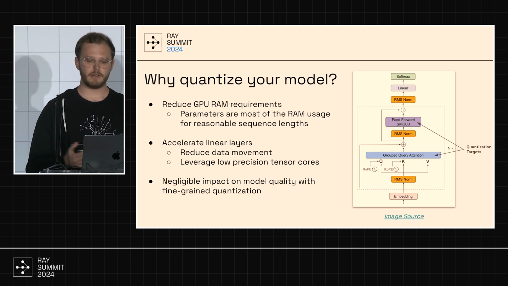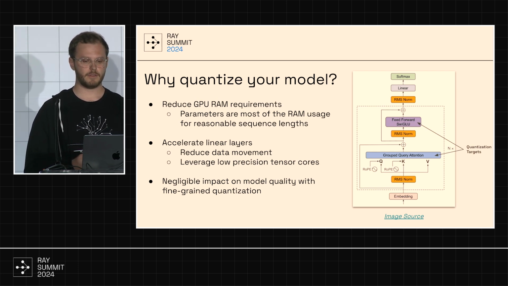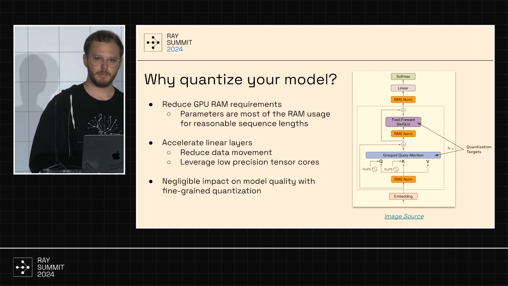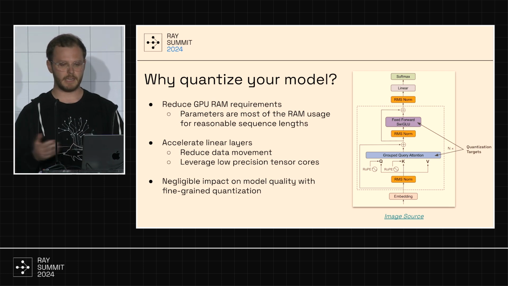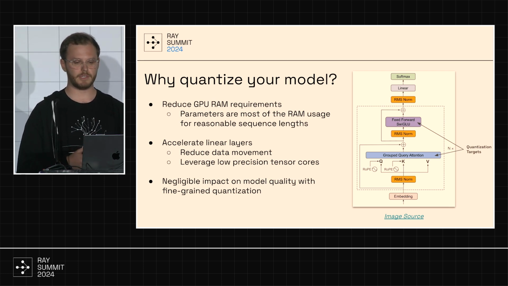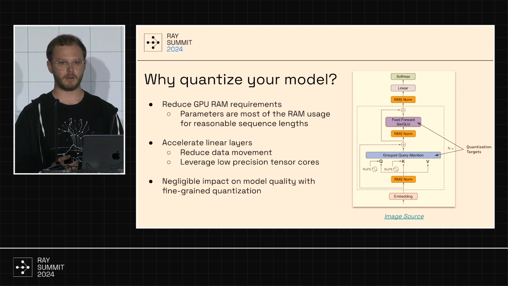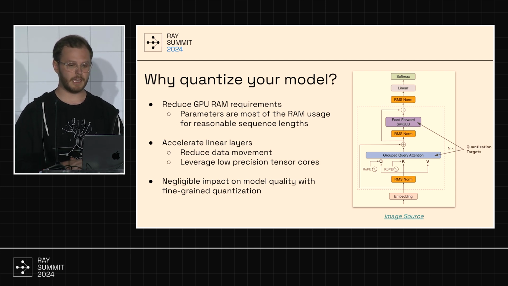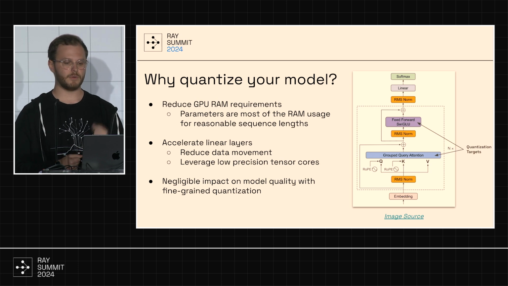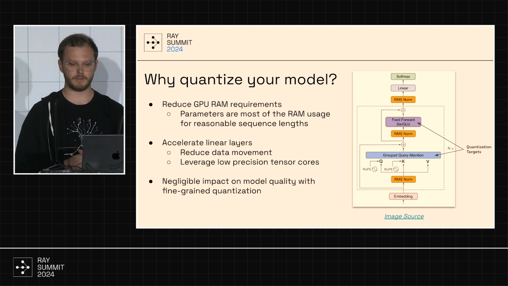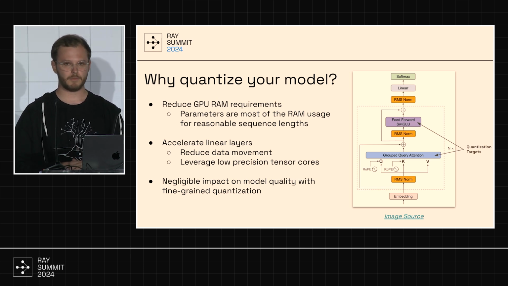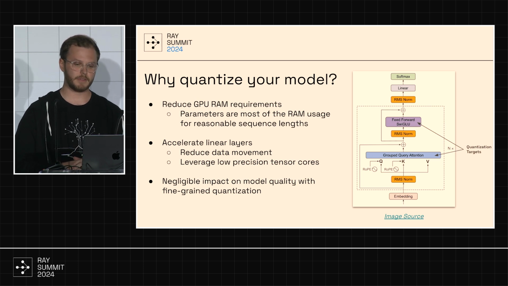And then there's the other aspect of accelerating linear layers through reduced data movement, meaning we'll move less data between memory and the compute units or tensor cores, which is often a bottleneck in AI inference on small batch size workloads. And then accelerating through utilization of low precision tensor cores, such that modern GPUs have specialized hardware for low precision computation, such as FP8 tensor cores, which offer you a significant flops advantage.